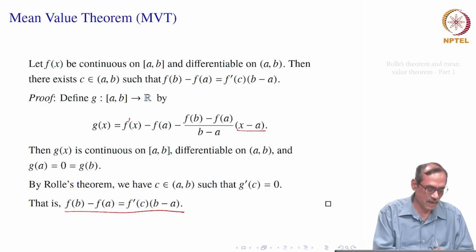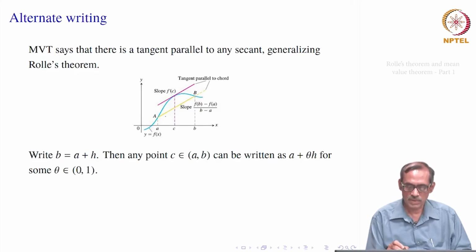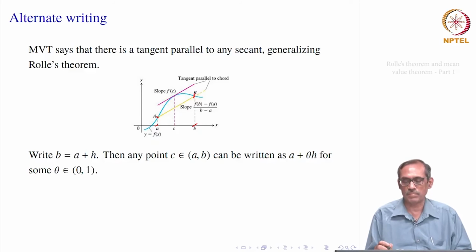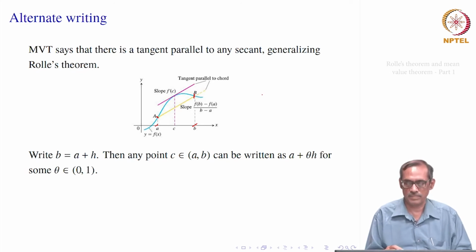We will see how it generalizes Rolle's theorem. All that it says, suppose you take x equal to a and x equal to b, look at the picture. We have the point capital A, which is (a, f(a)), and capital B is (b, f(b)). So, the slope of this secant is (f(b) minus f(a))/(b minus a).